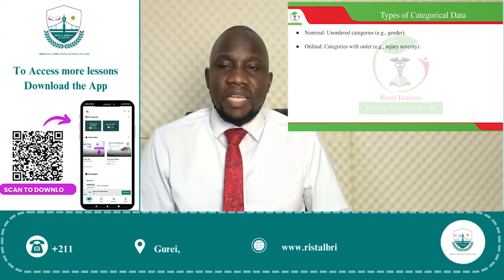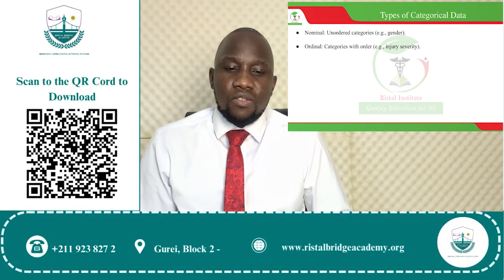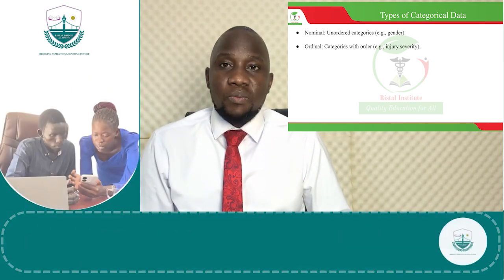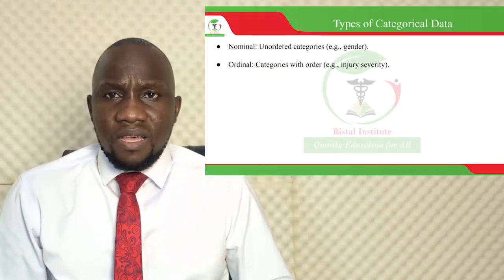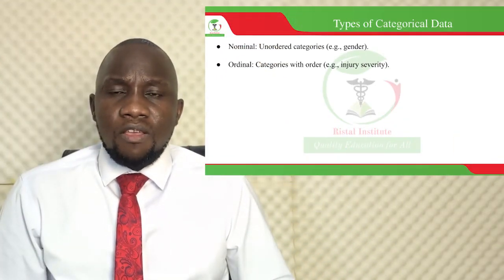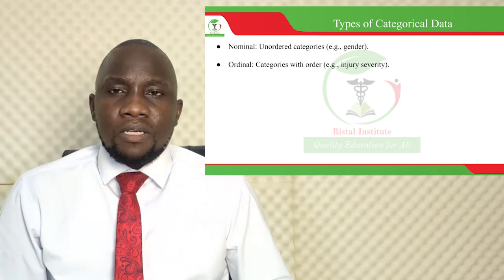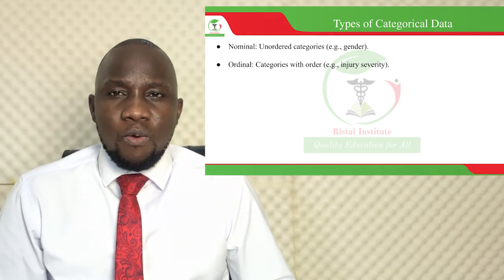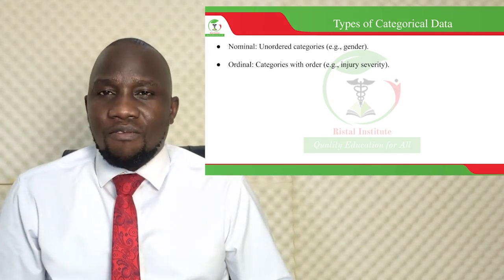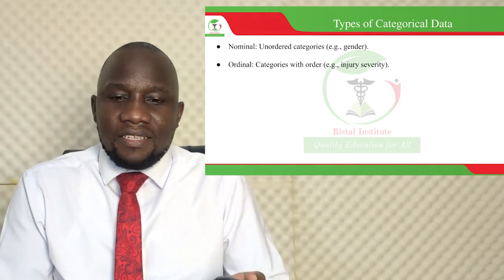So just like the name suggests, categorical data, you have groups. These groups can be ordered groups or groups that are not ordered. For example, if we are going to look at people who visited the clinic, we'll say that 2 of them were male and then 4 of them were female. These are categories. This is gender.